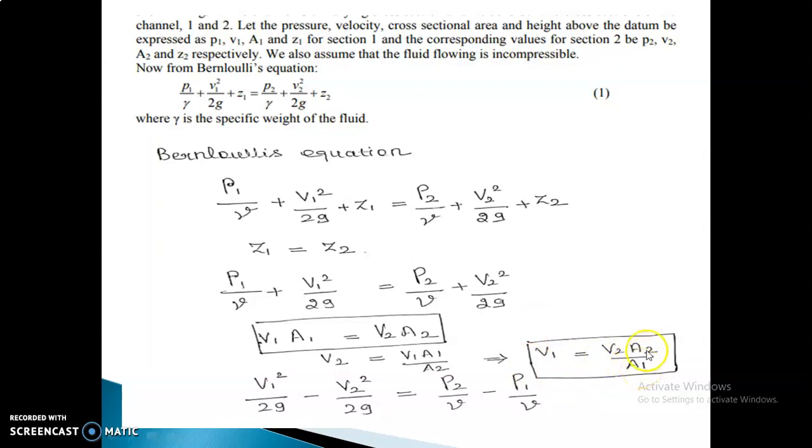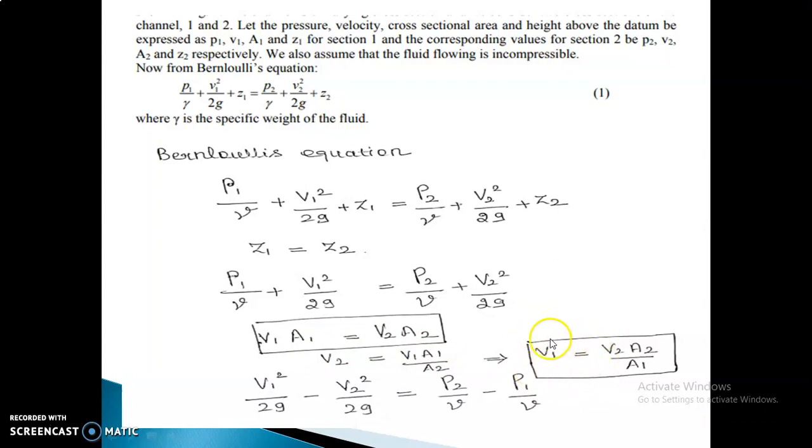Here A2 and A1 are the cross-sectional areas. A1 is the cross-sectional area of the fluid pipe, and A2 is the cross-sectional area of the orifice plate, if you are concentrating on the orifice flow meter. From this expression I get the value of V1.